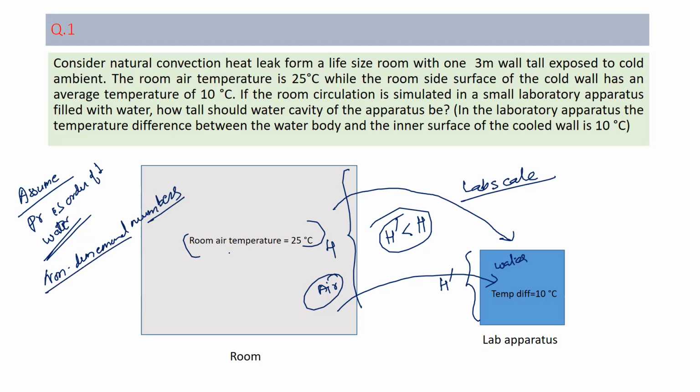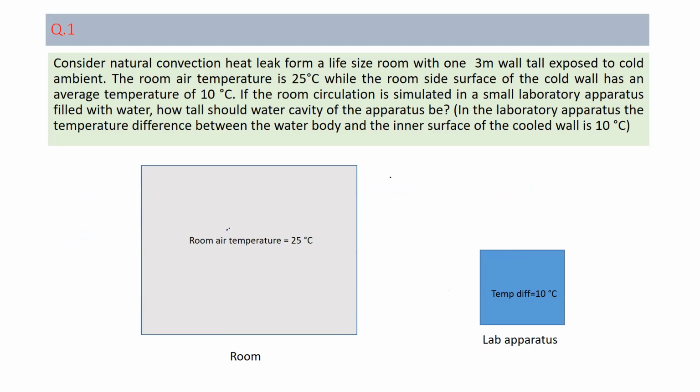In natural convection, which is the critical non-dimensional number? It is the Rayleigh number. Now in this problem, we will be defining the Rayleigh number based on this height H.